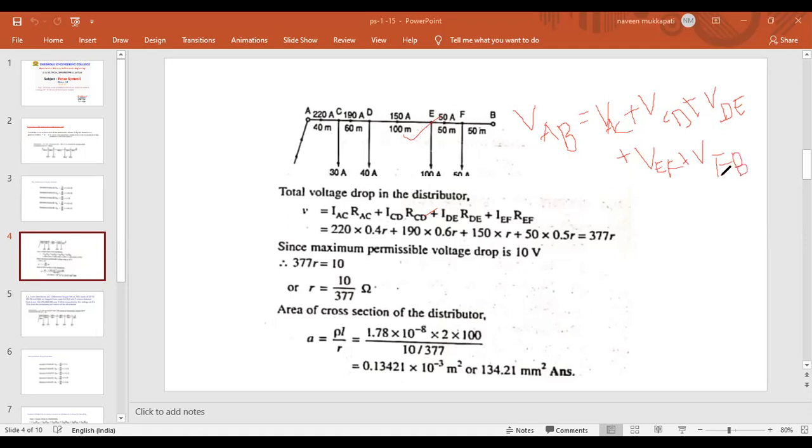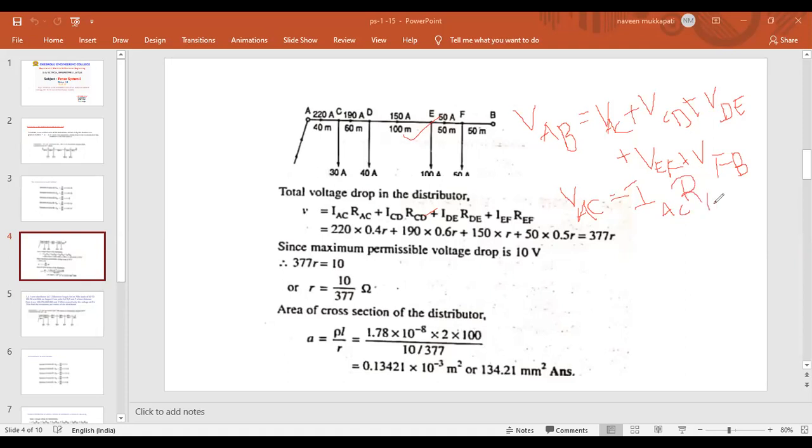Next, what is the VAC formula? The voltage drop across the A to C section means IAC into RAC.